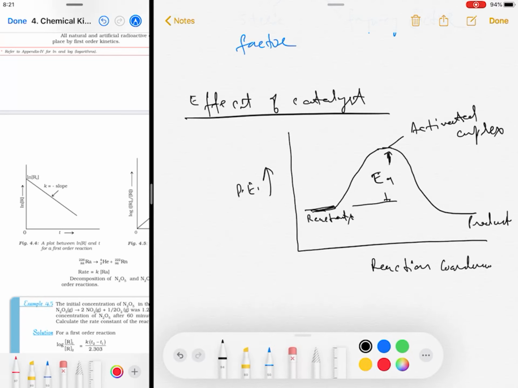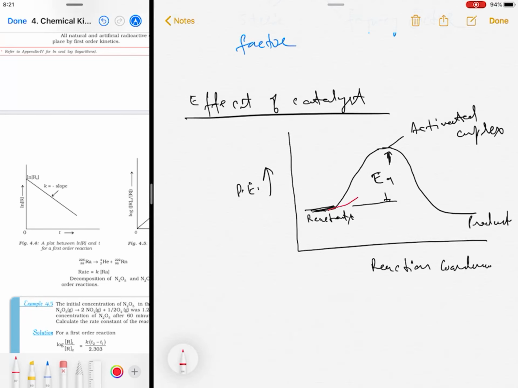Now what happens when we use a catalyst? Catalyst forms the activated complex at a lower energy, and then it will be converted into product. The energy of reactant and energy of product are the same, they remain constant, so the overall energy change will be the same.